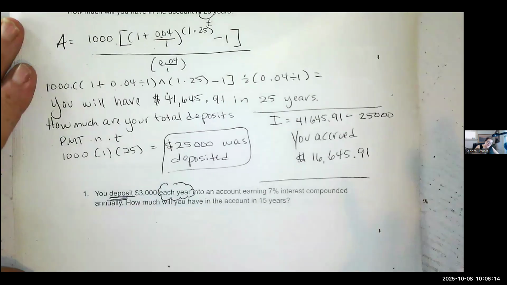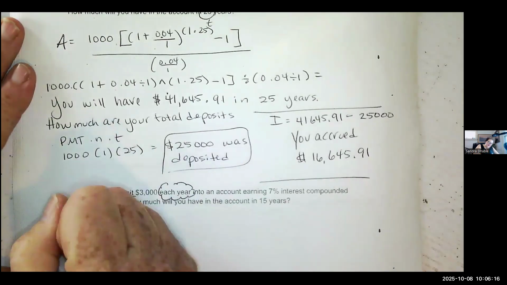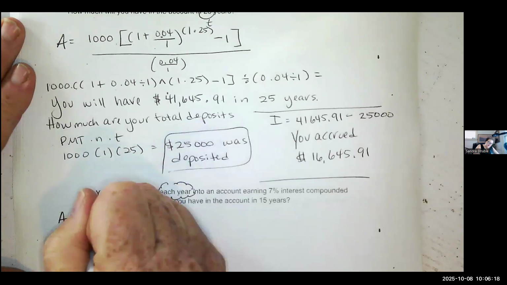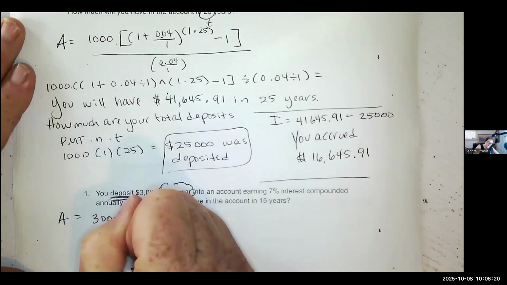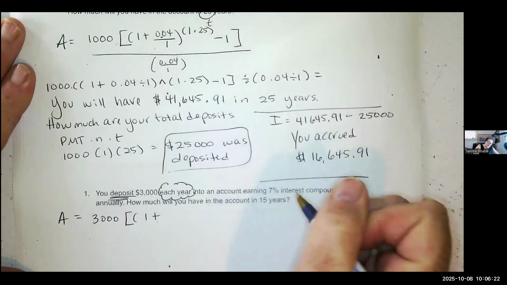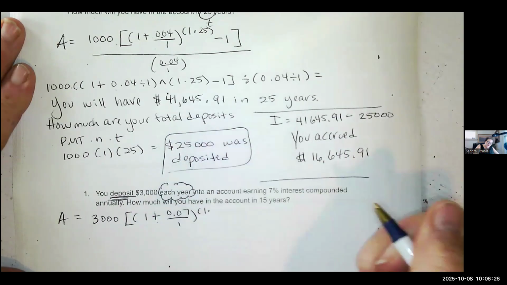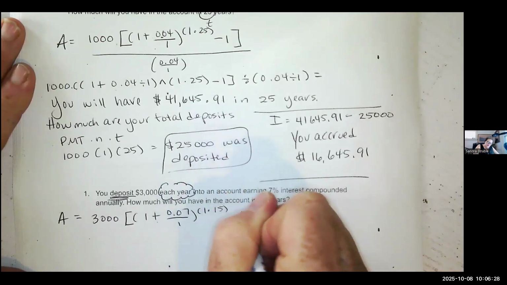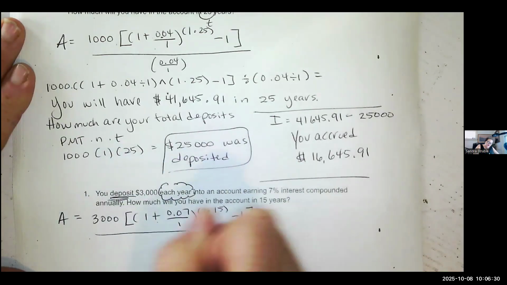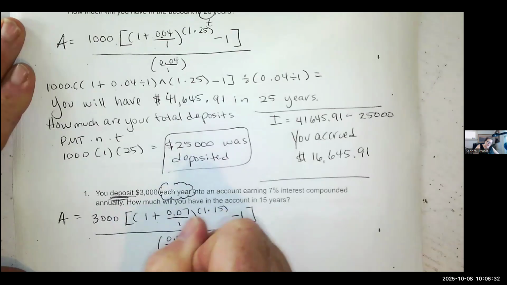All right. So let's do setup. We're depositing $3,000, 0.07 over 1, raised to the 1 times 15 years, minus 1. All of this is over 0.07 over 1.